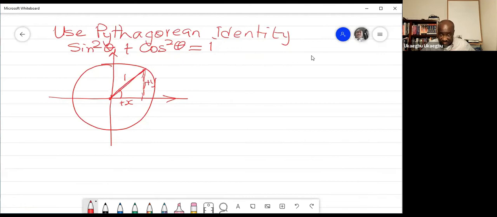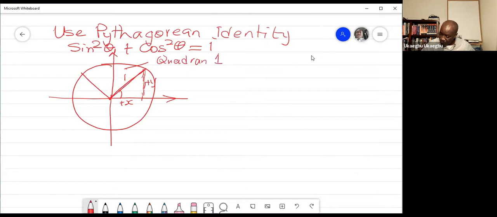If you have this unit circle, on this side, this is the first quadrant. We all know that, right? So this is quadrant 1.